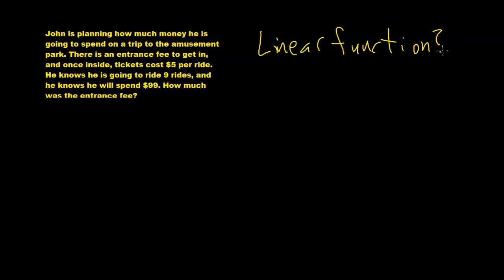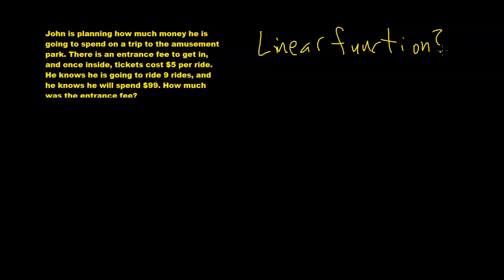It is. His cost depends on how many rides he's going to ride. Since tickets cost $5 per ride, the rate of change of his cost is positive 5. His cost is going to change by a constant amount depending on how many rides he rides, so this is a linear function.